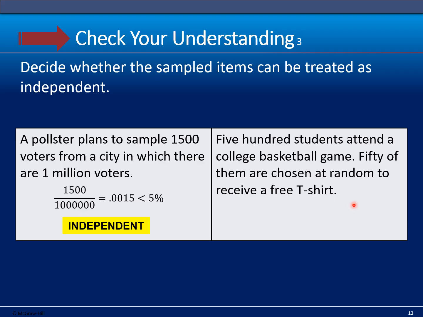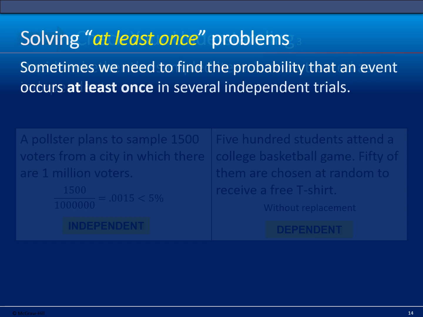When you give out a free t-shirt, you're going to take that person's name out of the drawing, like maybe there's a ticket or something. So this is without replacement, and without replacement is dependent. And again, first I check the numbers, 50 divided by 500, and that is greater than 5%. So we cannot just use the small size of the sample because it isn't small.